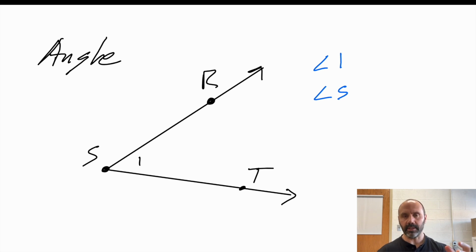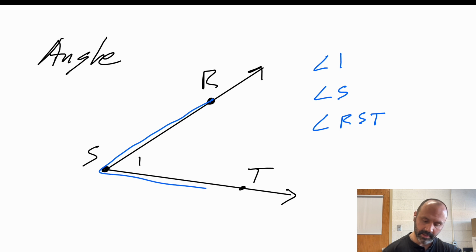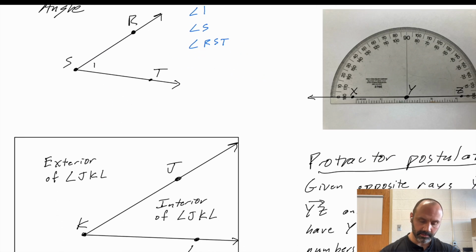So the most thorough way to name it is to use three letters, and we would call this angle RST. The vertex goes in the middle. So it's kind of like we're going in order, R, S, T. It's the angle that's mapped out by following those three points. So that's how we name angles.